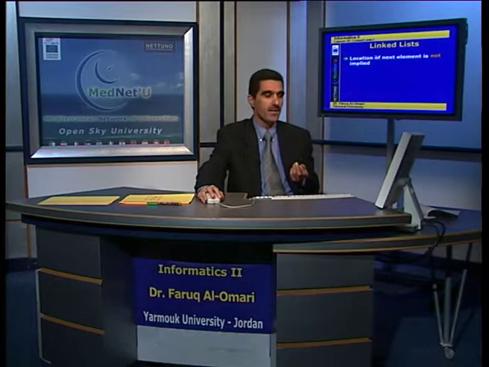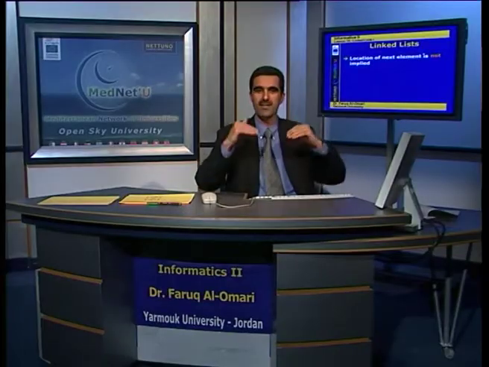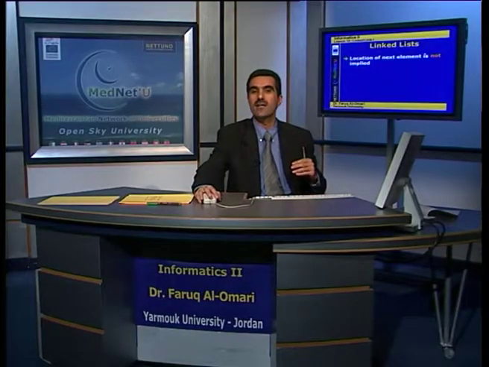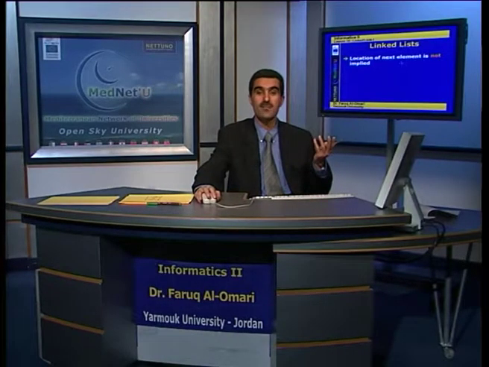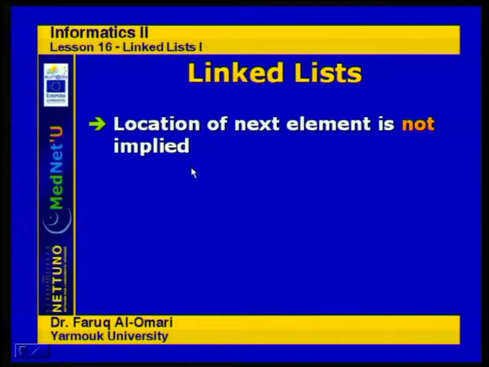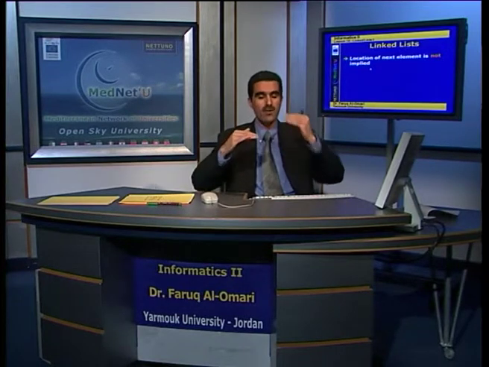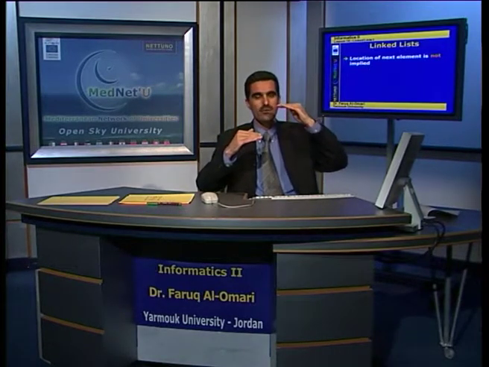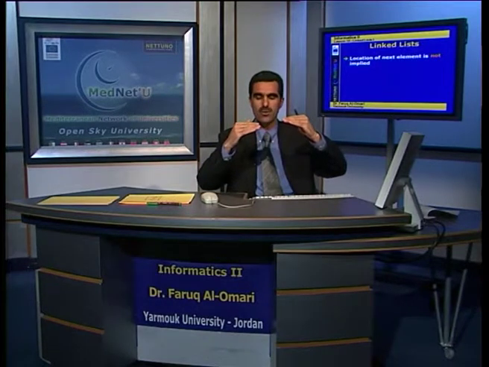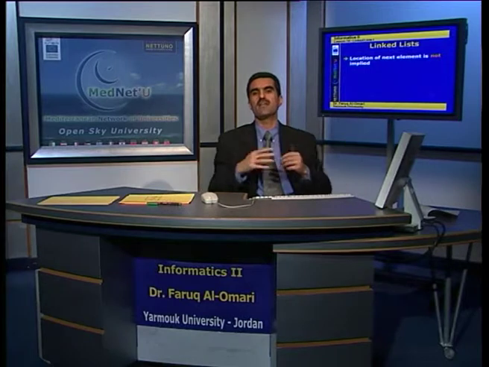So that way, the location of the next element is not simply the next in line, but rather it's somewhere else. So it's not implied the same way it was in the case of arrays. In the case of arrays, because the nodes were contiguous, I know for sure that if I'm at node I, then node I plus 1 comes right after that. Well, in the linked list, that's not the case.